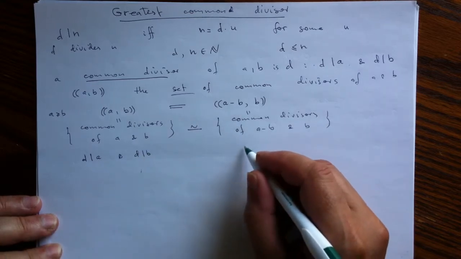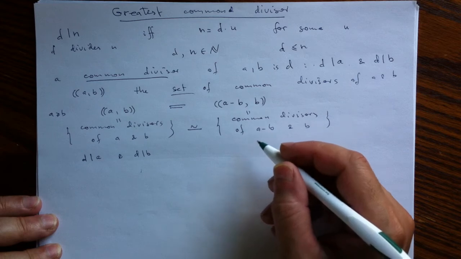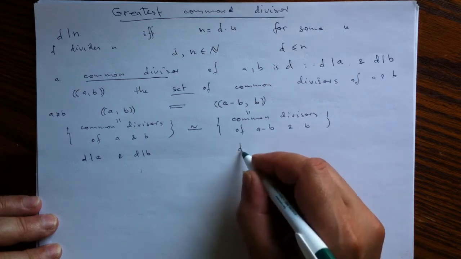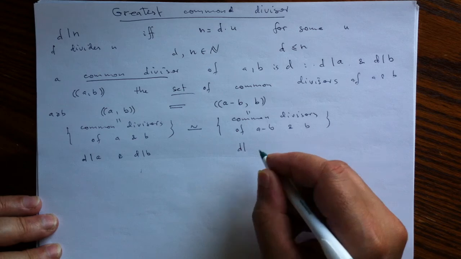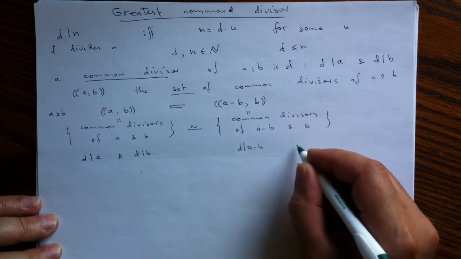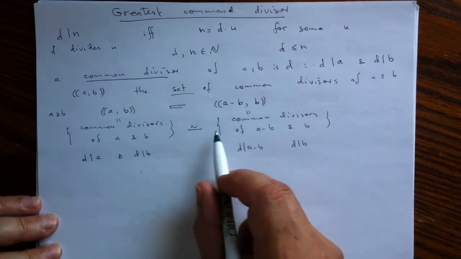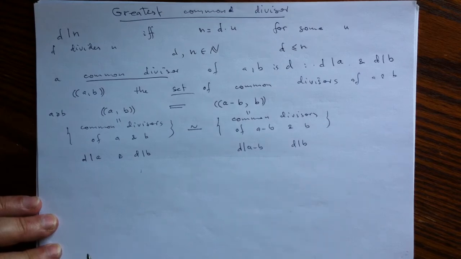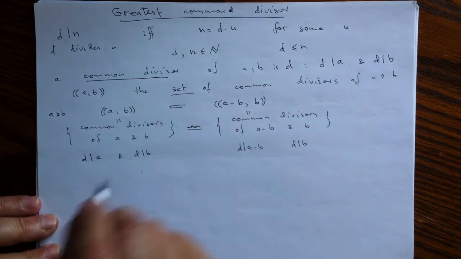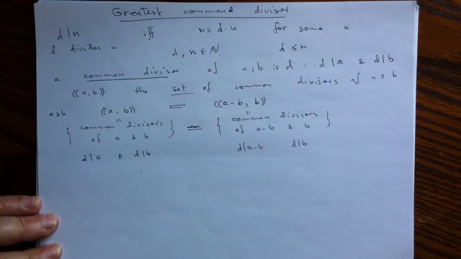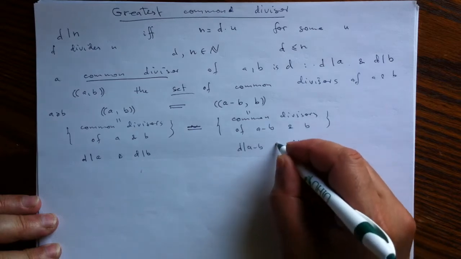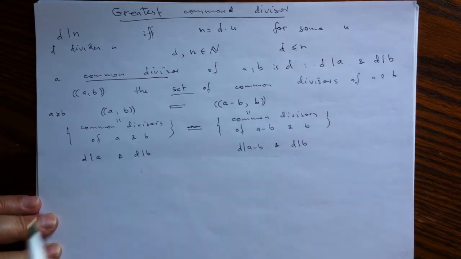Here it will be some other divisor, but we use the same name, that d divides a minus b and d divides b. After all, I have to say that they are equal. Yes, literally equal, I said. An isomorphism was not correct. It should be just equal as the totality of numbers. So here are the conditions determining d as an element in the first and in the second set.